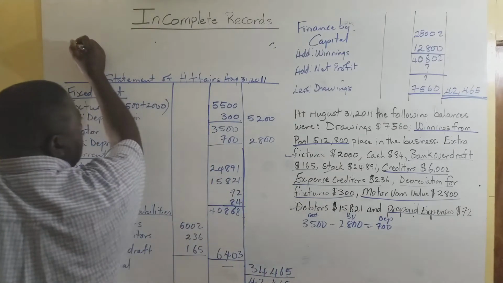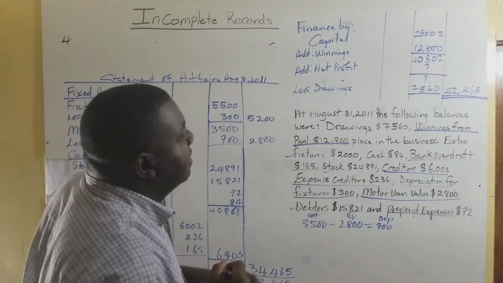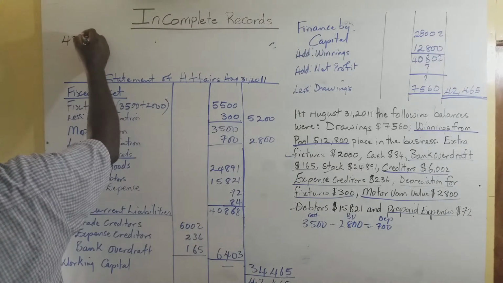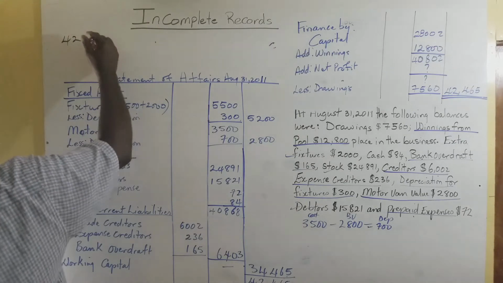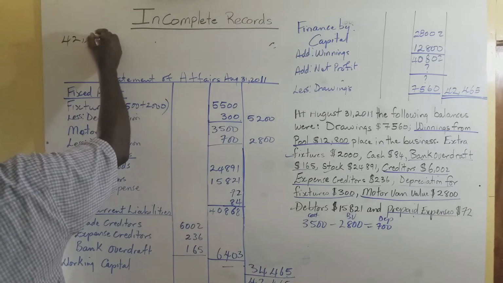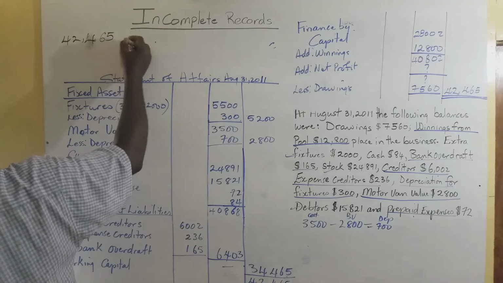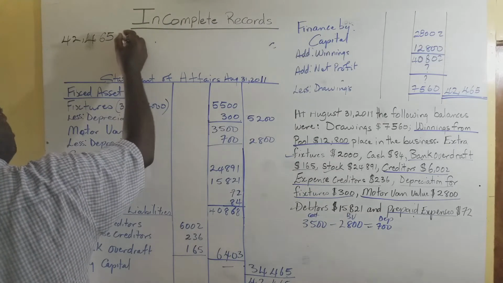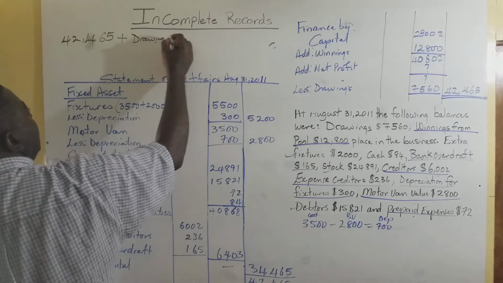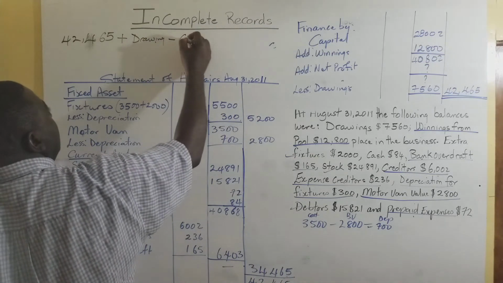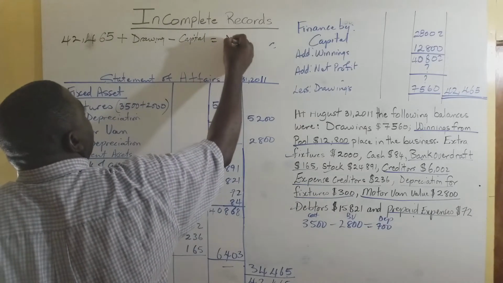So, the net is 42,465. All right. We're going to add now the drawings to it, and then we're going to subtract the capital to give us the net profit.